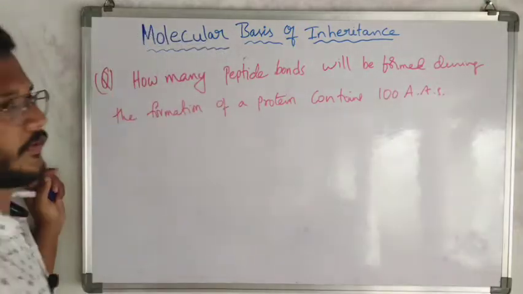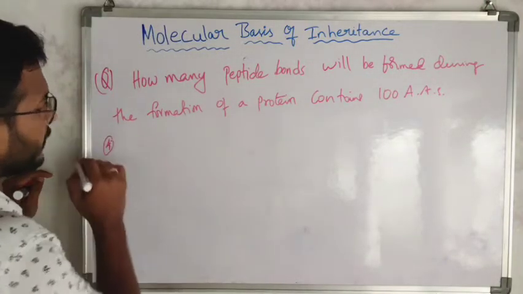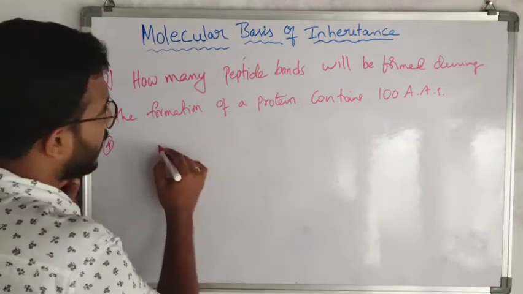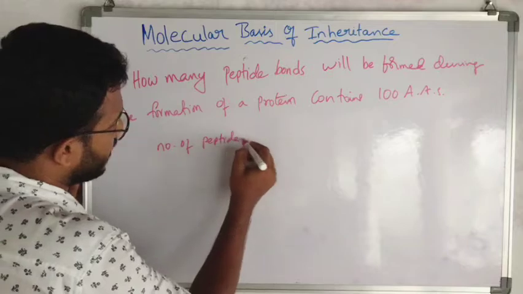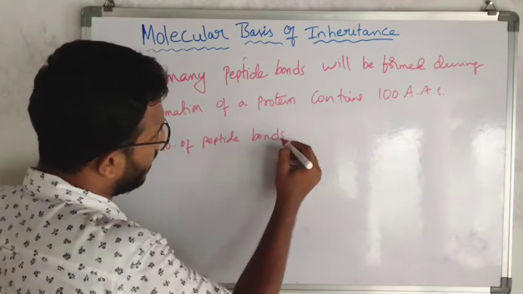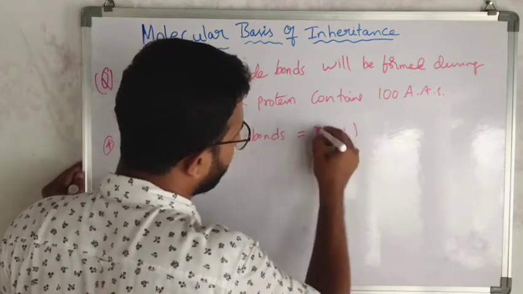So how can you calculate? There is a simple formula here, no need to worry. They are asking the number of peptide bonds, which is equal to n minus 1.